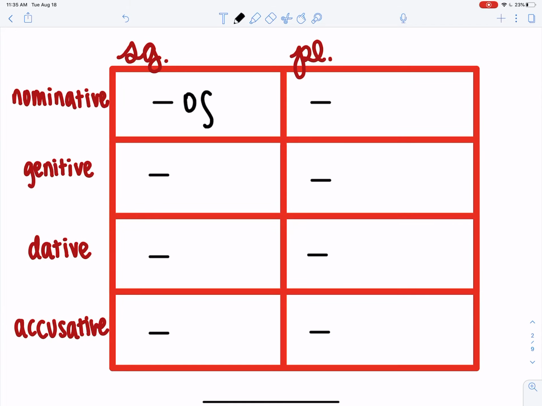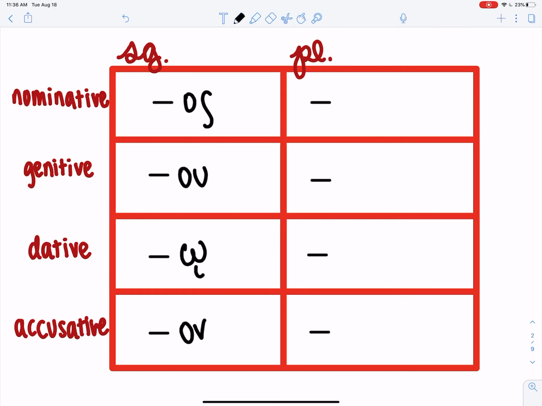And then genitive is omicron upsilon, oo, then dative is omega, and this has an iota subscript, just like our alpha or eta that we saw earlier. And then accusative is omicron nu. So our singular is os, oo, o, on.